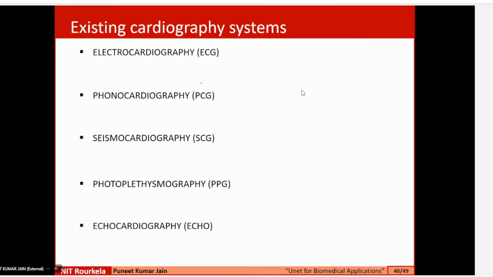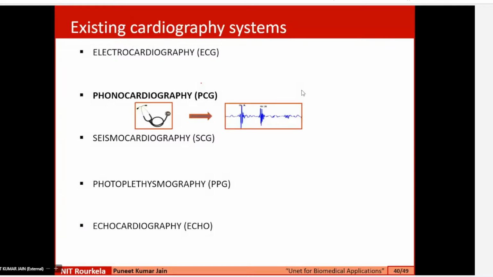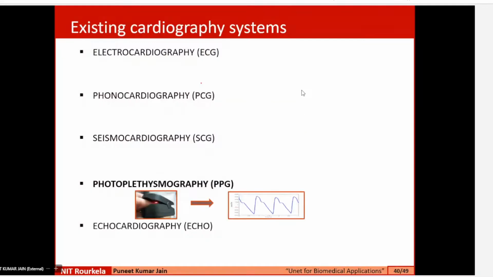Of course, everyone must have gone through the screening through phonocardiography, where the stethoscope is used to listen to the heart signals. Then the seismocardiography, photoplethysmography, which is again a very popular technique, and then echocardiography to analyze the internal structure of the heart.